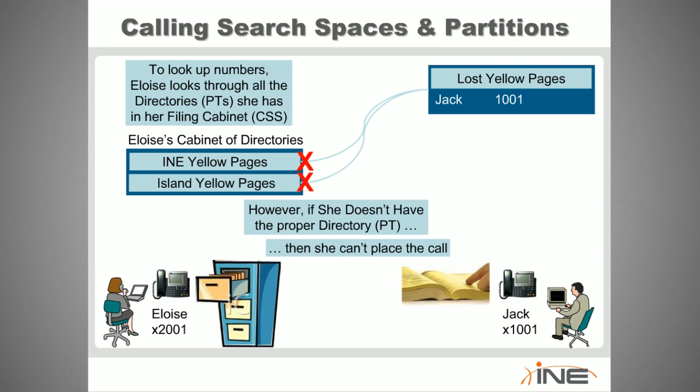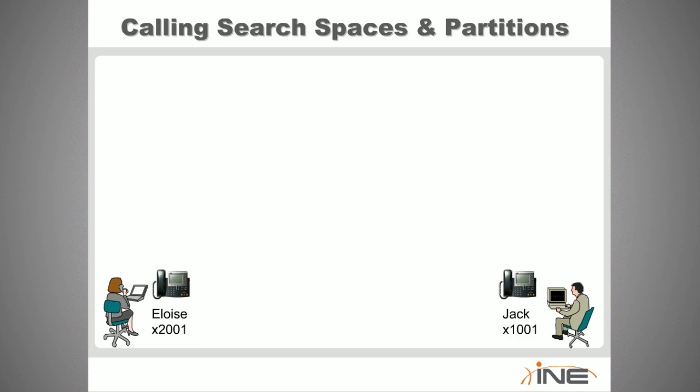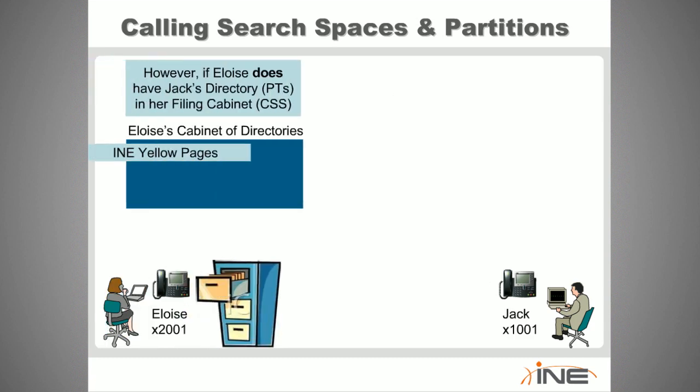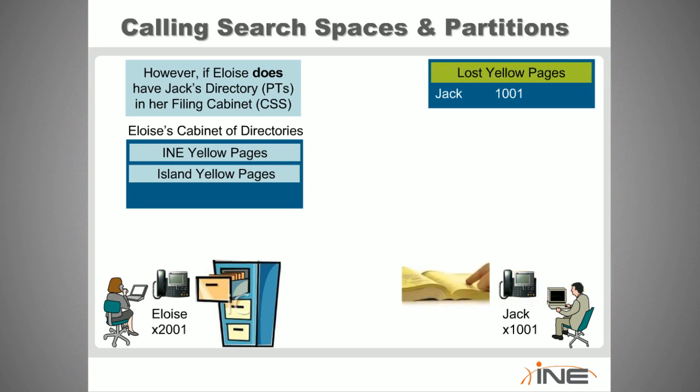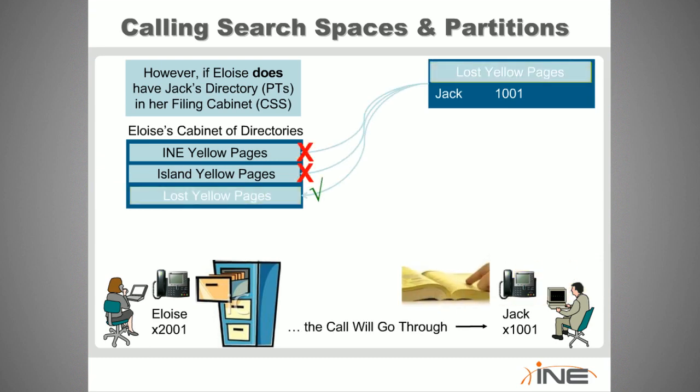So a comparison is done, and she can't place the call because she does not have the proper directory to see his number. So she would get a reorder tone. However, if Eloise does have Jack's directory inside of her cabinet, or does have his partition inside of her calling search space, then the call will go through.